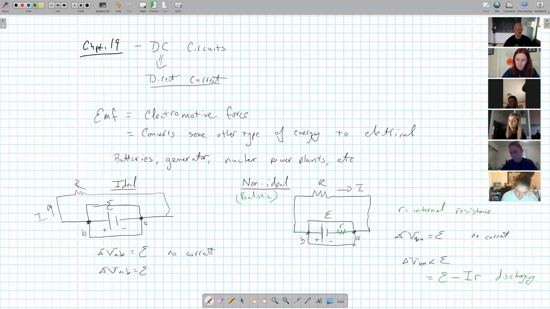Now, if I was charging the battery, this would actually be opposite. I would have current running in the opposite direction, going into the positive sign and out through the negative sign. So in this case, this would become positive I times r.